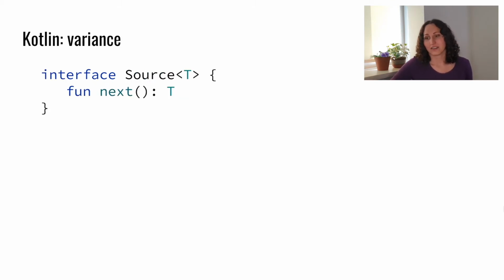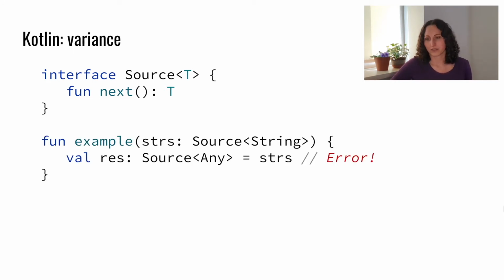Of course, similar wildcard types exist in Kotlin as well, because again, you can define some type. For example, we just return type T, and you can define a method which takes this instance of Source, and it's perfectly safe to store a Source of strings in a Source of Any variable.